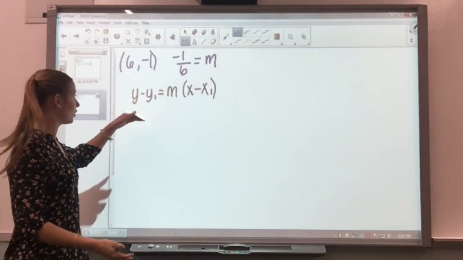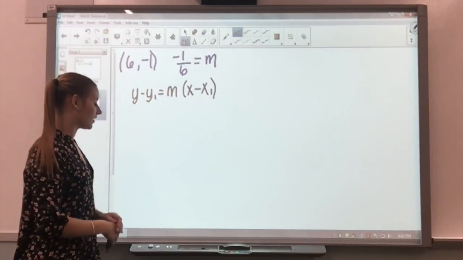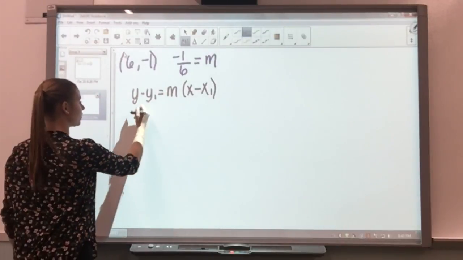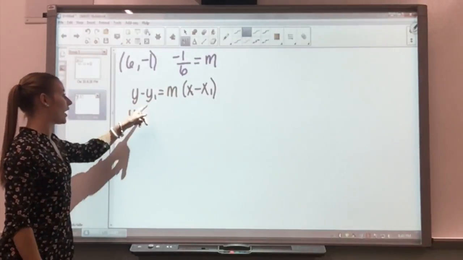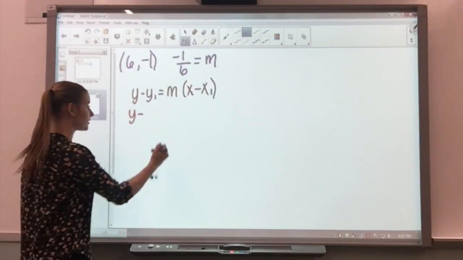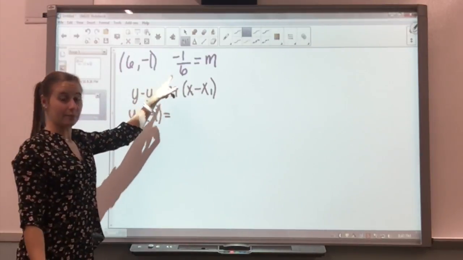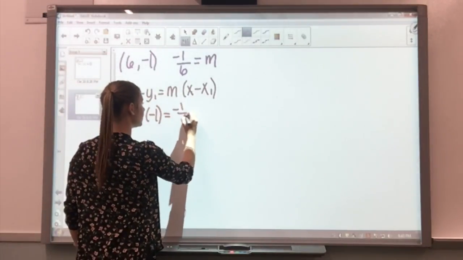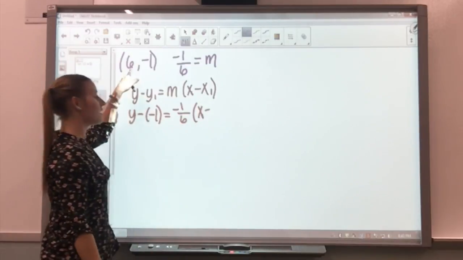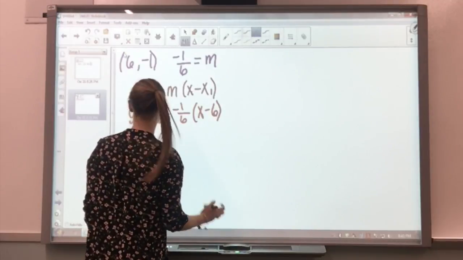Now we plug in our coordinate point and our slope to find the equation of the line. So y minus -1 equals our slope, -1/6, times x minus 6, and then we can simplify.